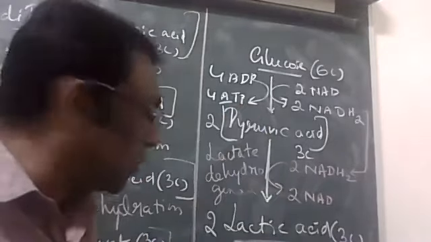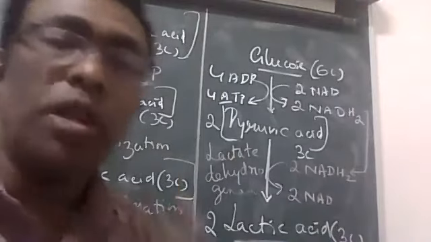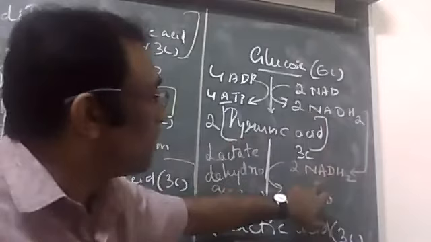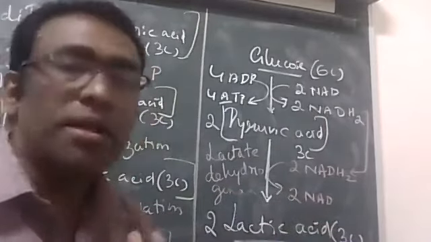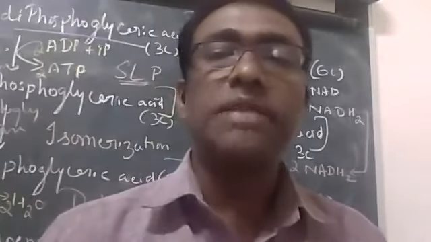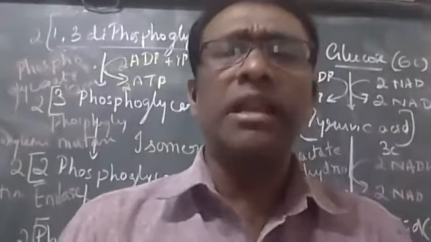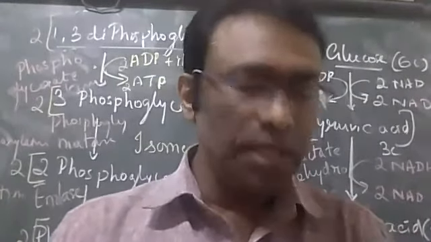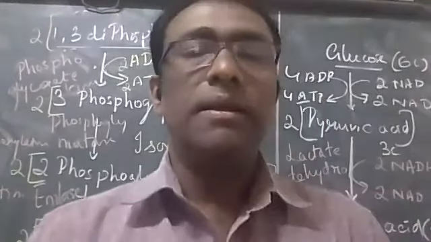Therefore, net gain is only 2 in homolactic acid. 2 molecules of lactic acid are formed, 2 molecules of ATP are formed. NADH formed is used up in the reduction reaction. Therefore, NADH will not donate ATP separately. Okay, now clear? Any doubts in this? Lactic acid fermentation will be done by this.